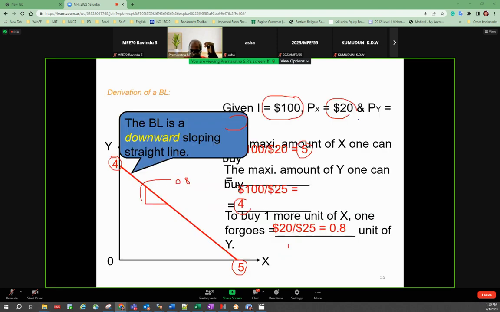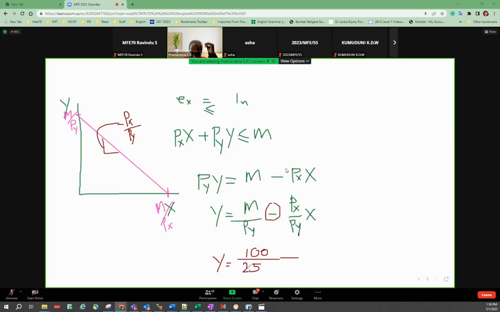The price of Y is 25, the price of X is 20, here 25. So this is minus and X. So this we call the budget line.